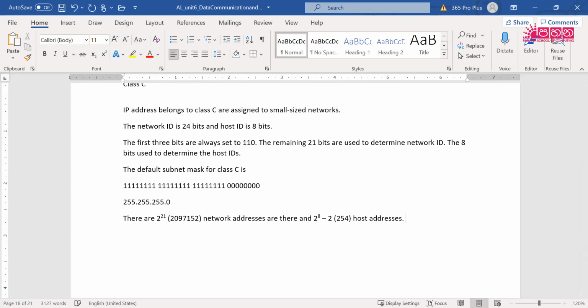Right? The IP address range, again, you need to remember this one. IP address range for class C is 192.0.0.0 to 223.255.255.255, right? So these are the valid ranges.